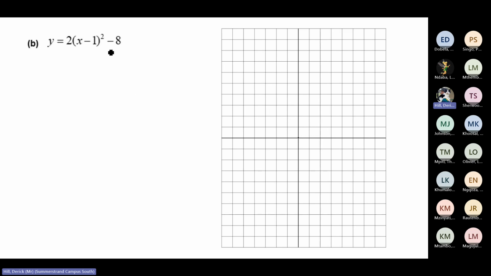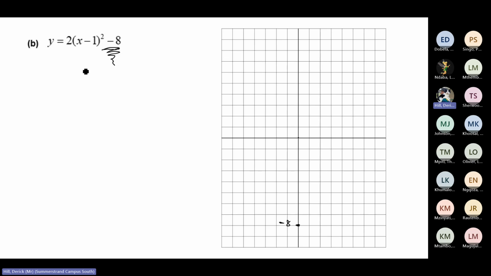We've got one that has been shifted downwards by 8 points. So if I go 1, 2, 3, 4, 5, 6, 7, 8, let's put my 8 here, we know that the lowest point or the highest point of this graph is going to be at y equals -8.